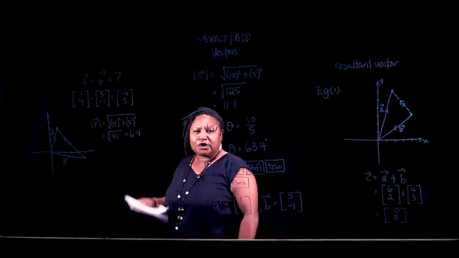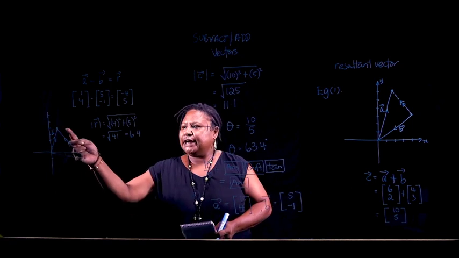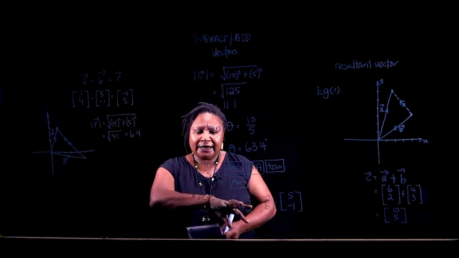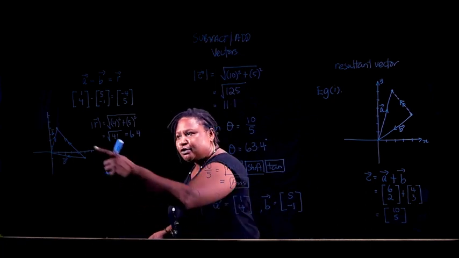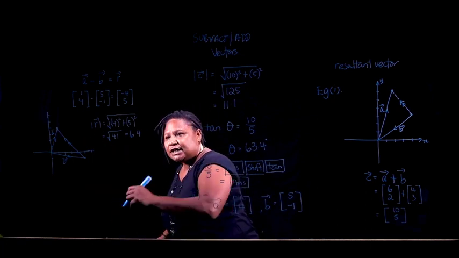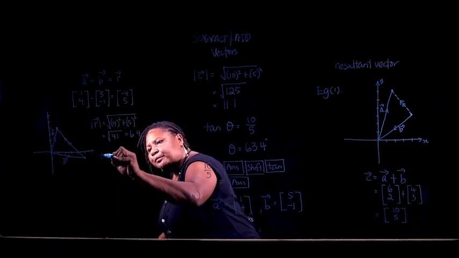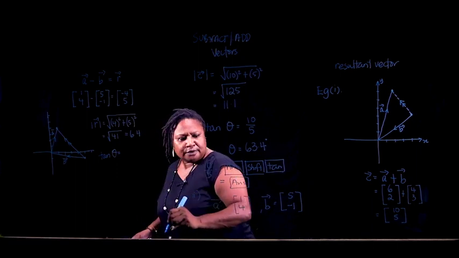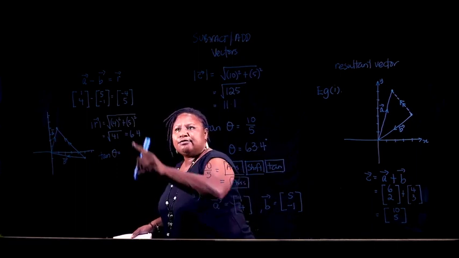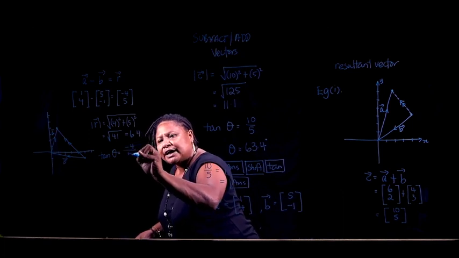There's your length for the resultant vector. Now we are going to apply the tangent ratio again to find the direction of the resultant vector. Tan theta is equal to negative 4 over 5.